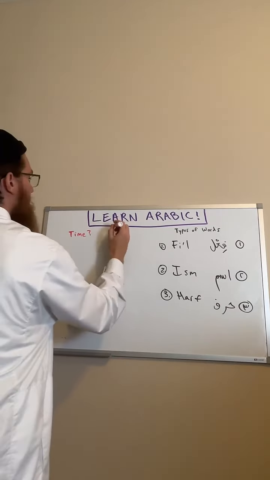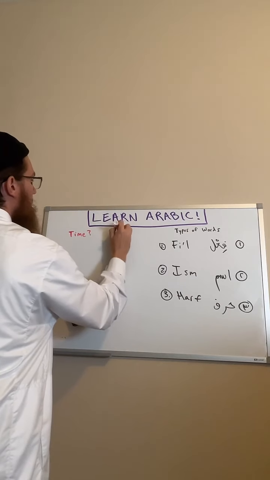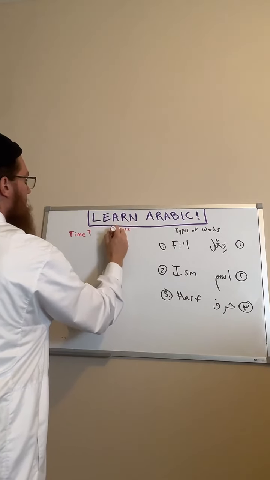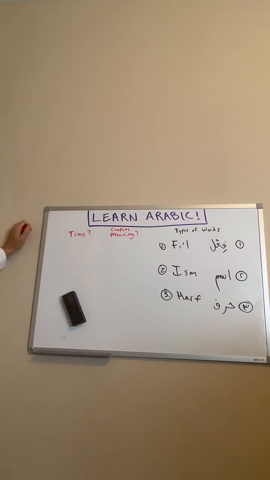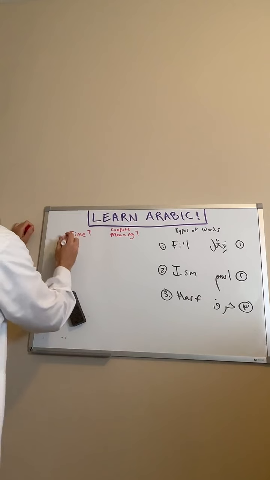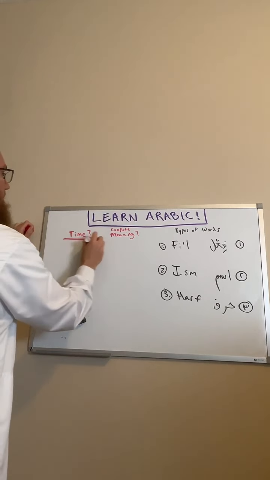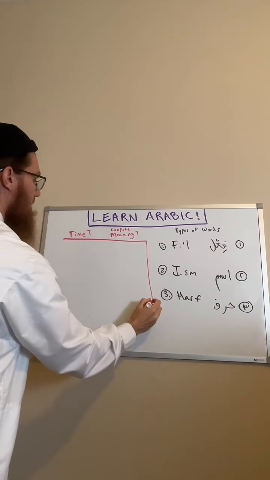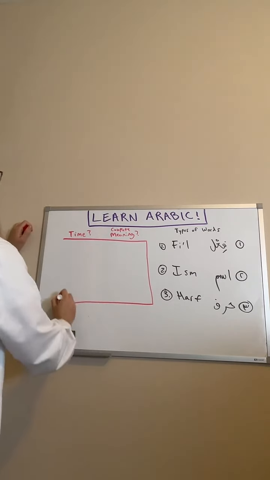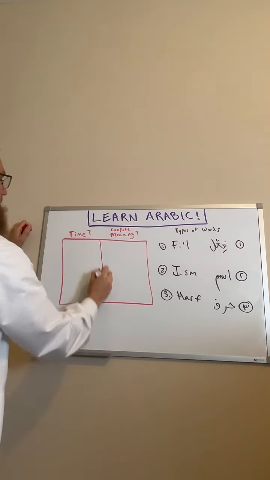And we're going to ask, does it have a complete meaning? These are the two criteria that we want to use to analyze what category each word is going to go into.